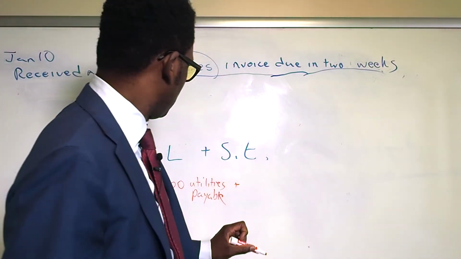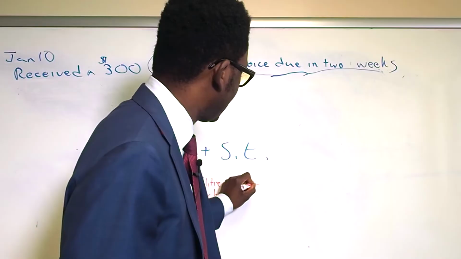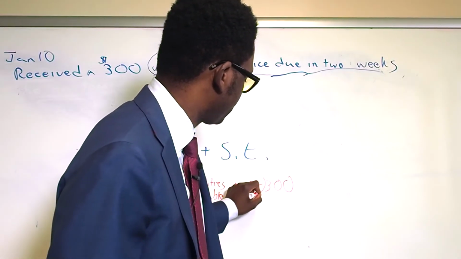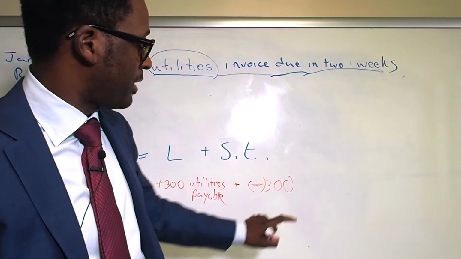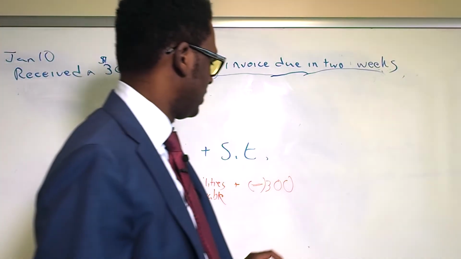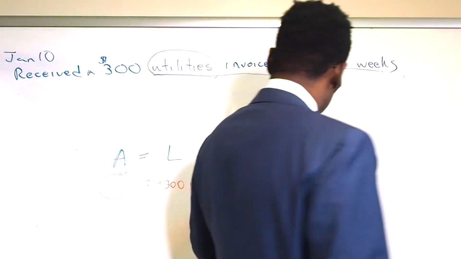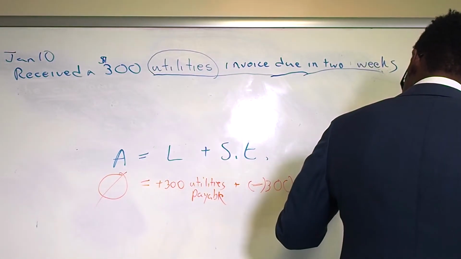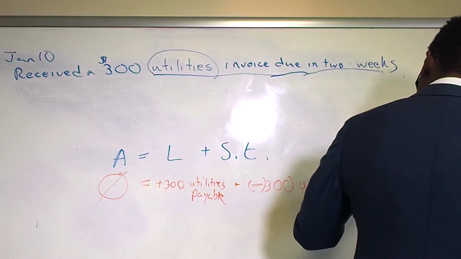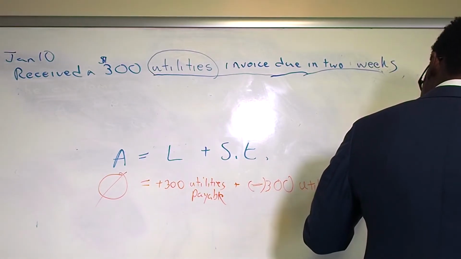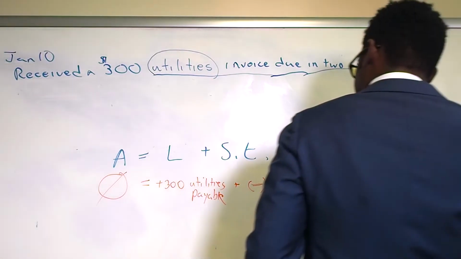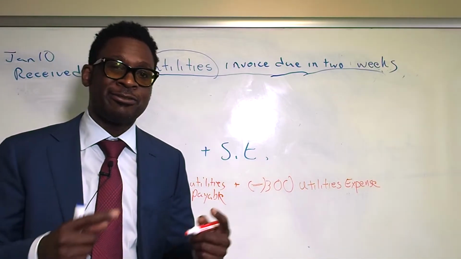So our stockholders' equity is going down by $300. Okay, I'm gonna put this in parentheses. It's going down by $300 under what account? Utilities expense. And this is a fairly complicated concept for many to understand the first time, so I strongly suggest rewatching this portion.